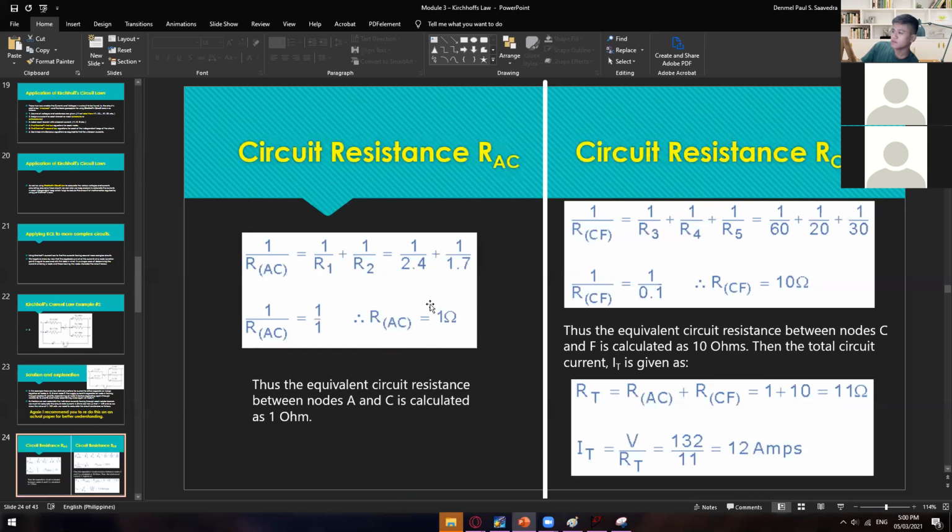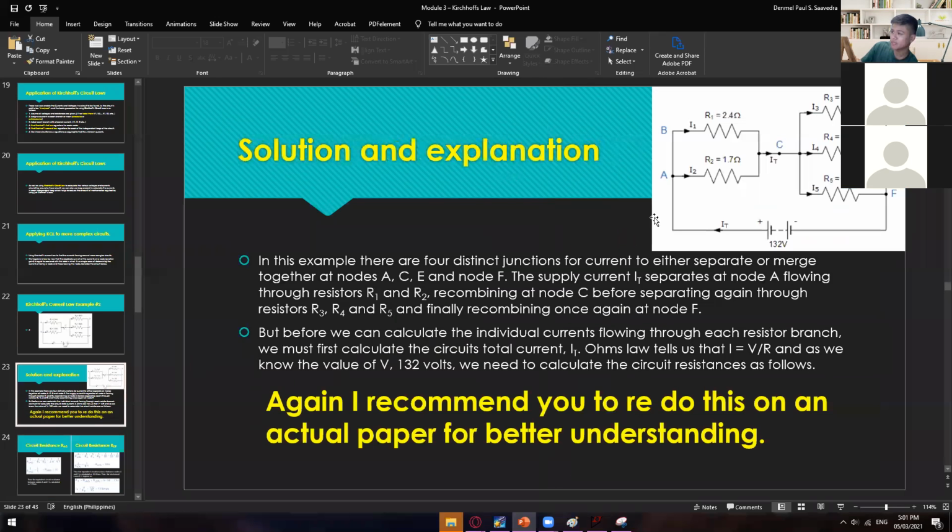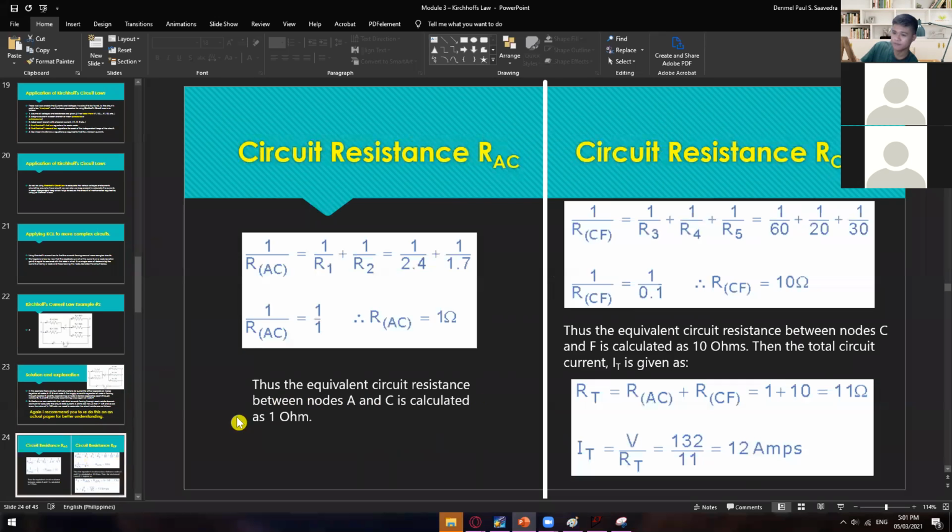And then what happened next? He also combined the three resistors in here, R3, R4, and then R5, and you've got 10 ohms. And then what else? We've got the total resistance, which is the summation of those two parallel combinations, RAC and then RCF.